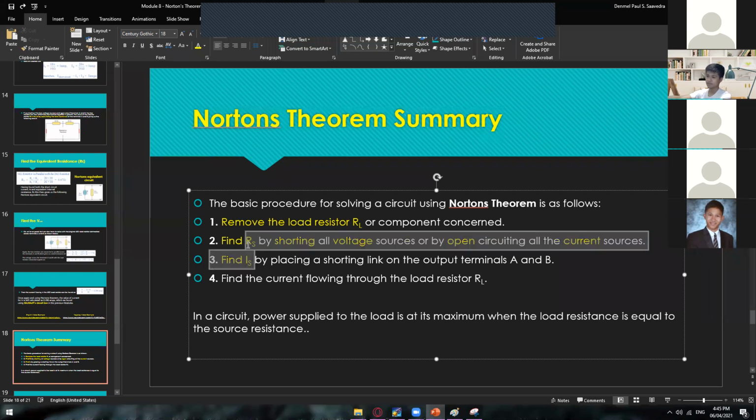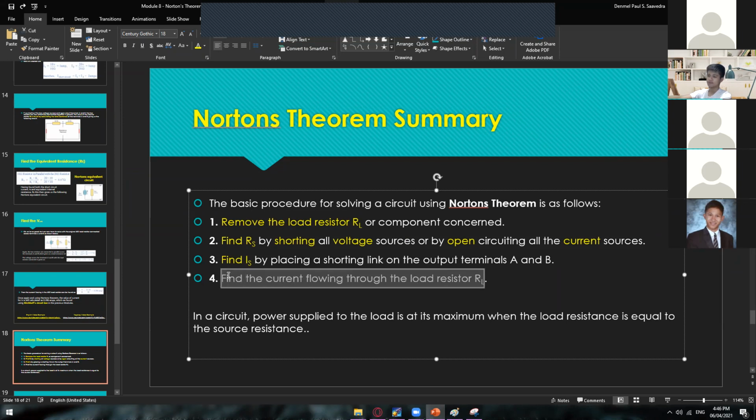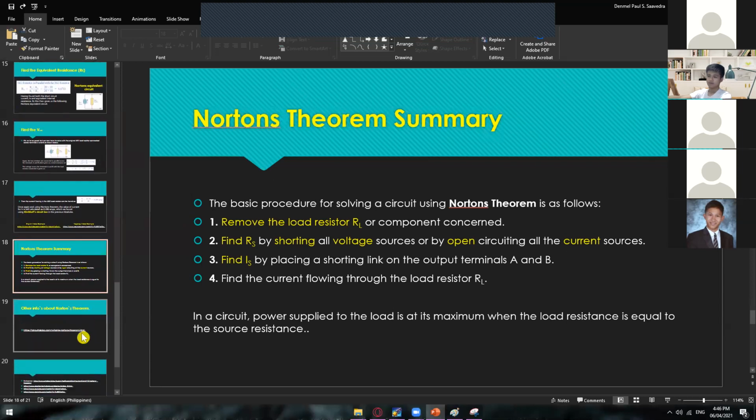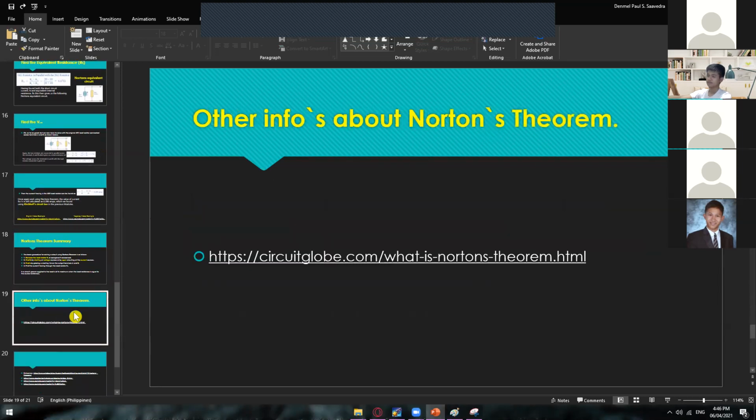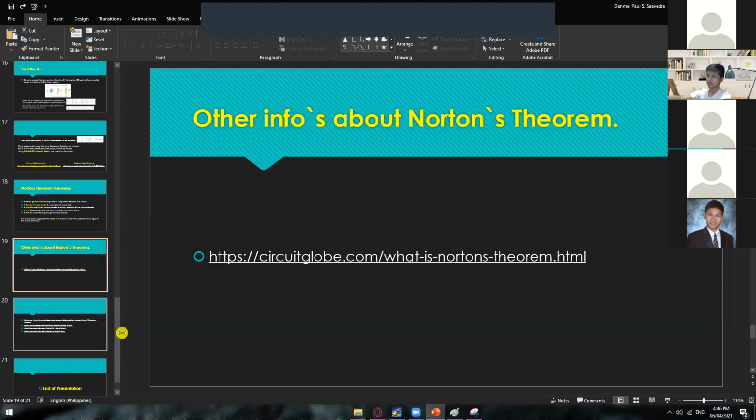Once you were able to find the RN and IN, you can convert that into its equivalent circuit. And you can now find the current flowing through the load resistor, or the voltage, or the total voltage on that circuit. So far, that's it for Norton's theorem.